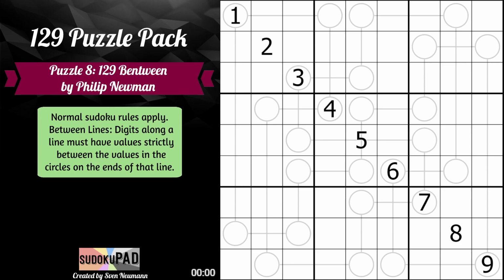So, this is the final puzzle, puzzle number 8, which is called 1 to 9 Bent Tween by Philip Newman, of course. Normal Sudoku rules apply. Between lines: digits along a line must have values strictly between the values in the circles on the ends of that line.